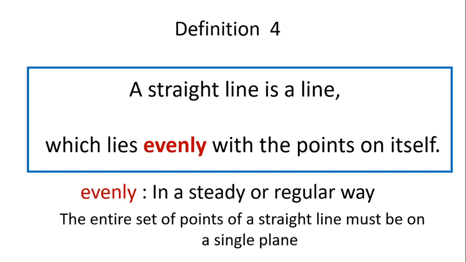These are only concepts. So if all the points that form a line are on a single plane, then the line is called a straight line. Otherwise, it is called a curved line. Okay, this is definition number 4.